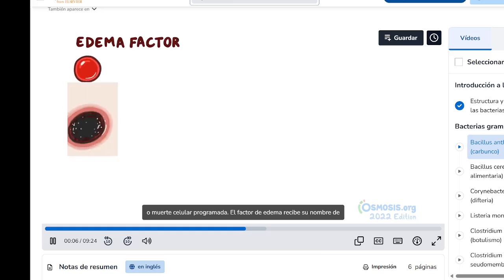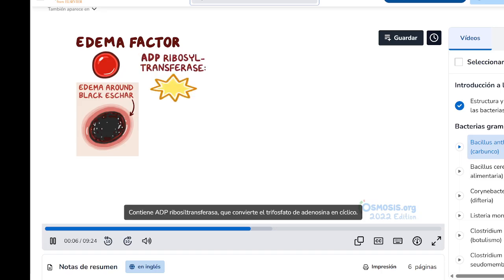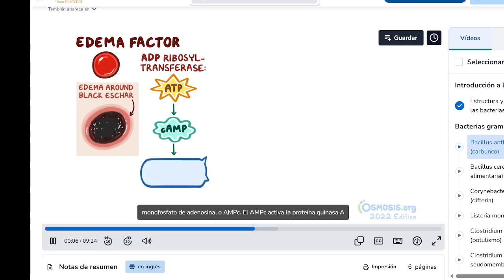Edema factor gets its name from the edema it creates surrounding the black eschar. It contains adenylate cyclase activity via ADP ribosyl transferase, which converts adenosine triphosphate to cyclic adenosine monophosphate, or cAMP. cAMP activates the protein kinase A signaling pathway, and thus leads to activation or inactivation of many cellular functions.